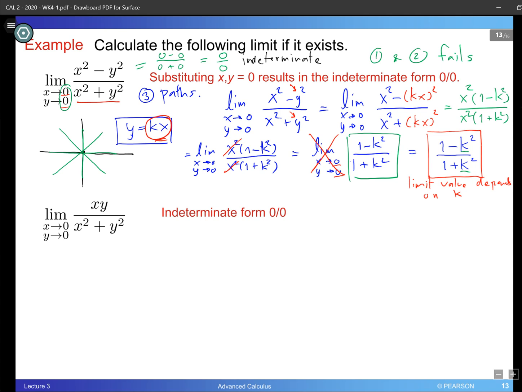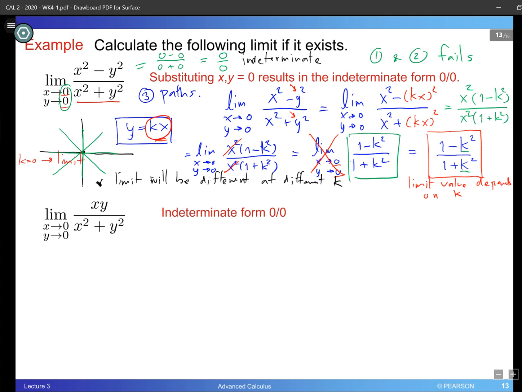Okay, make a note right here, very important. The limit value will be different at different values of k. For example, if k is equal to 0, what is the limit value?